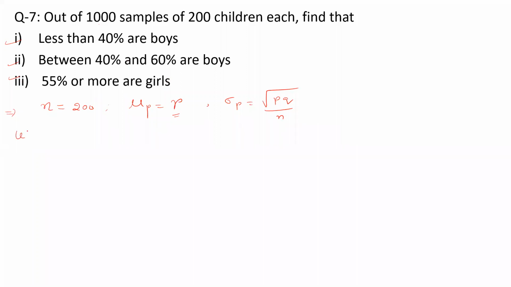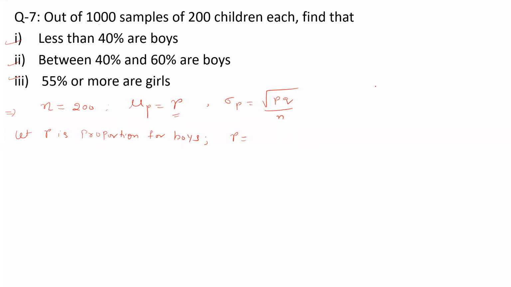So what I will do now, let p be the proportion for boys. I'm taking p as the proportion of boys. You can take it for girls also, it doesn't matter. So I will be focusing on p as the proportion for boys. So what is the probability of getting a boy or a girl?